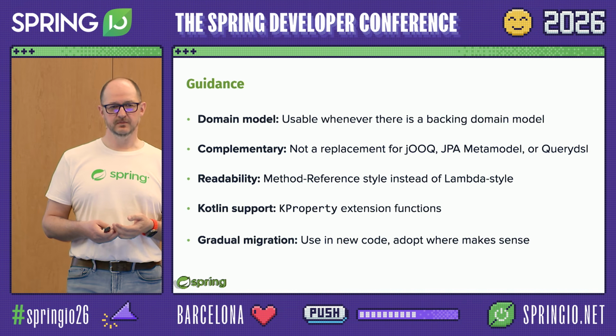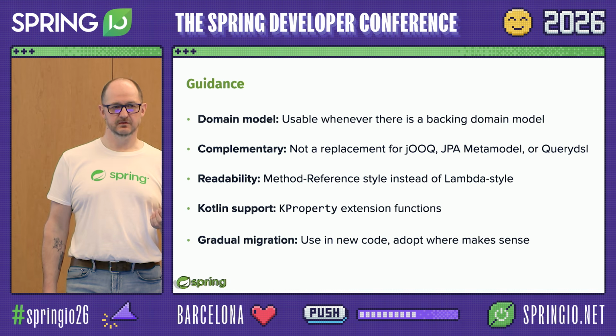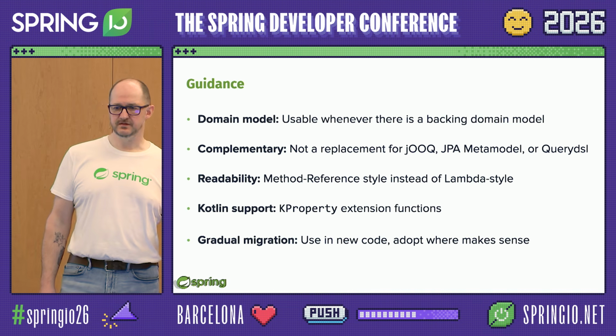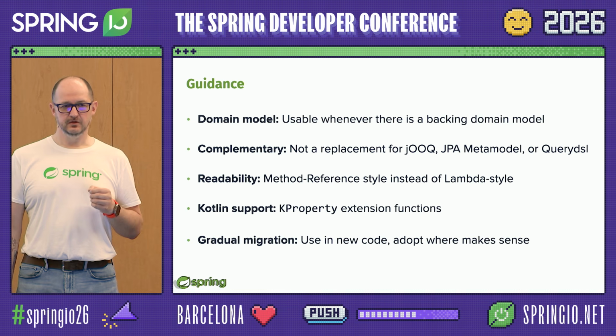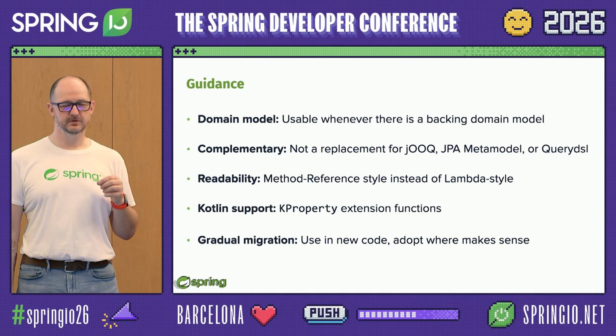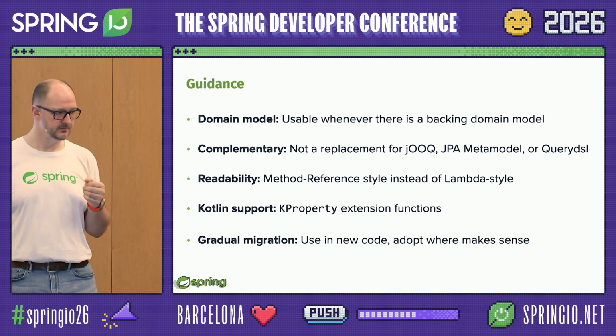For new code, I think I would start using type property paths already. For existing code, that might be a different story. You might want to start exploring and putting type property paths into areas where they make sense, and even maybe go to start.spring.io and start playing with that, right?